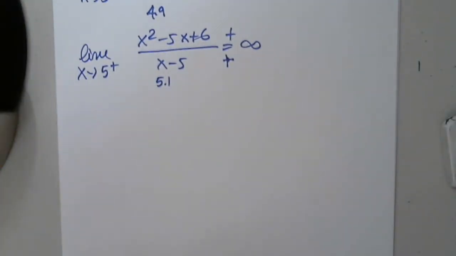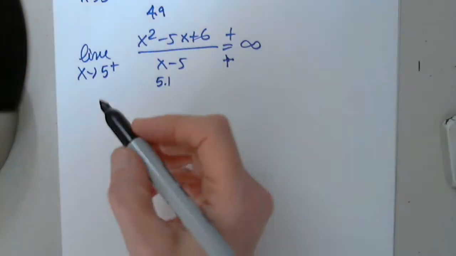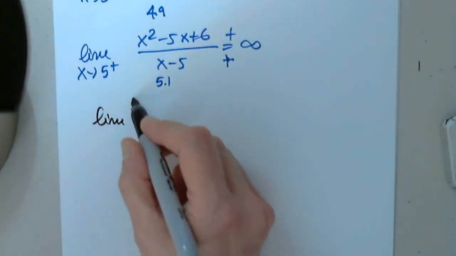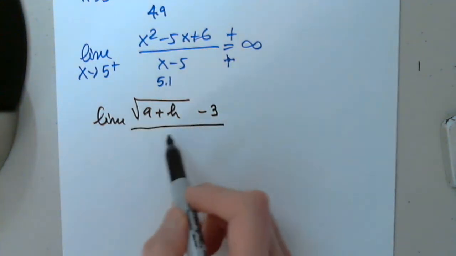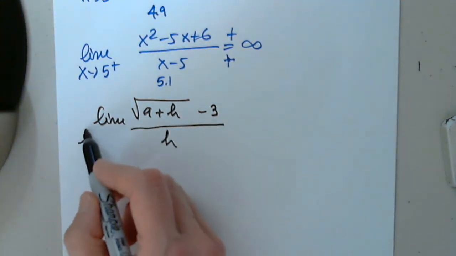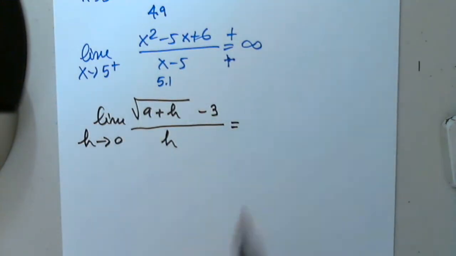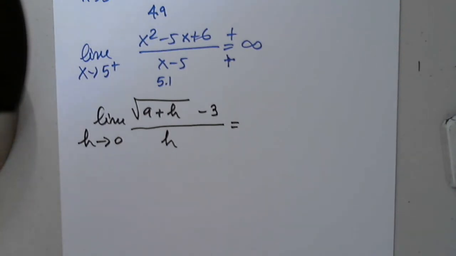Okay, let's continue with the limit of the square root of 9 plus h minus 3 divided by h as h approaches 0. Can anyone remind us how we start? What is the starting point here?